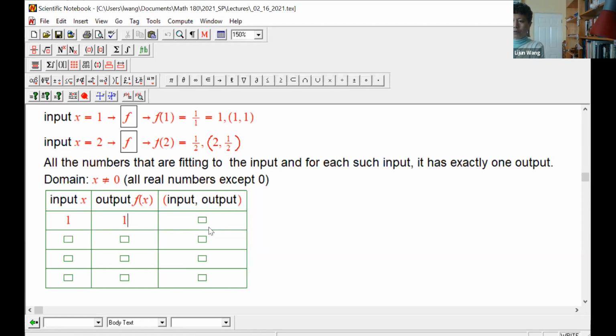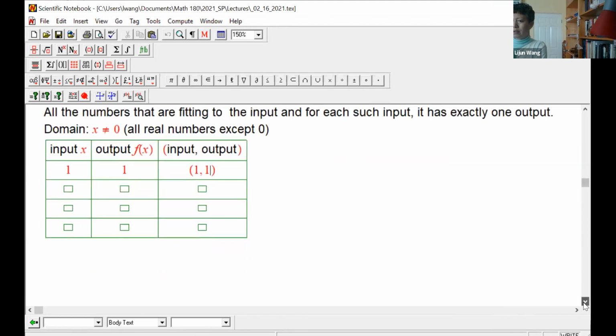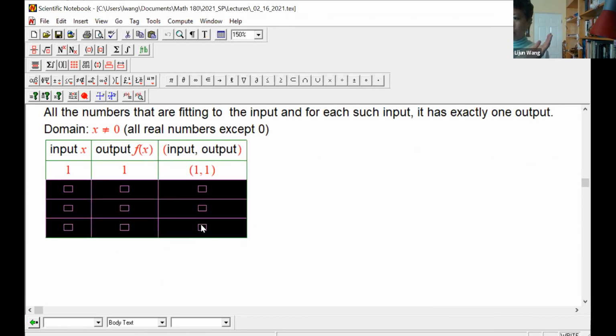Input 1, output 1. Done that. I want you guys to complete this table right now, reflecting on the input and output, and then we're going to put the points together.